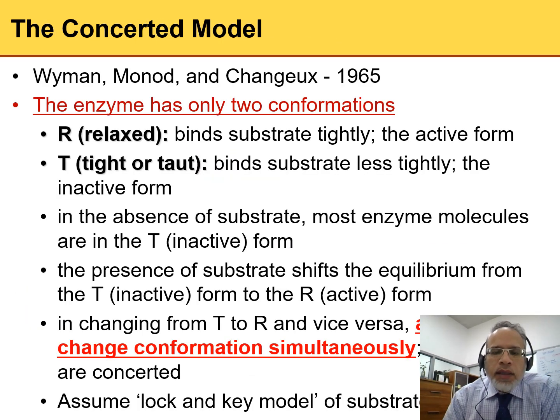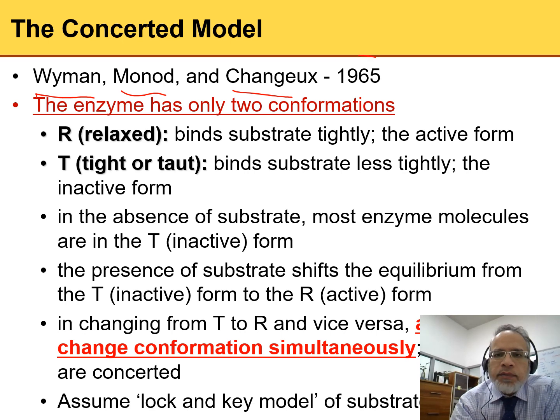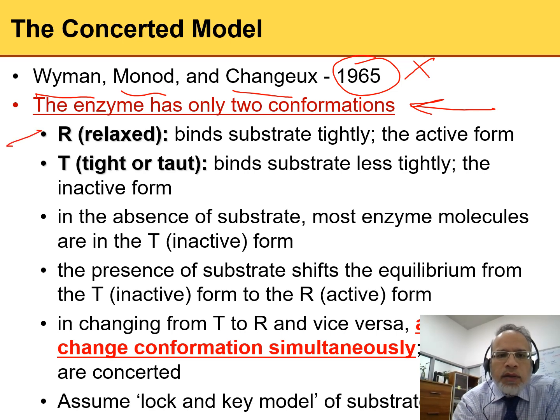The concerted model is also called the Wyman-Monod-Changeux model. It was proposed in 1965. Again, there's no need to memorize that. What is important to memorize is that in this model, they're saying that the enzyme or the protein can exist in two conformations, called the R or the T conformation.